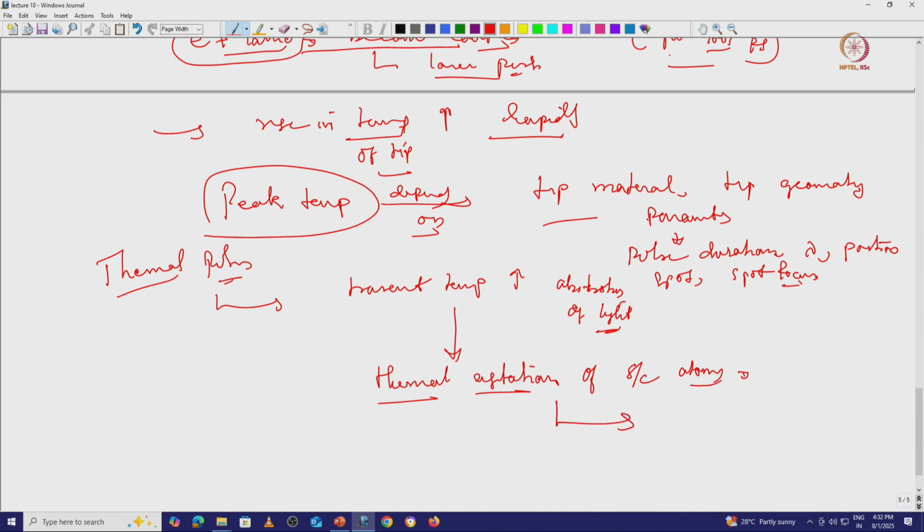This thermal agitation again provokes the field evaporation.